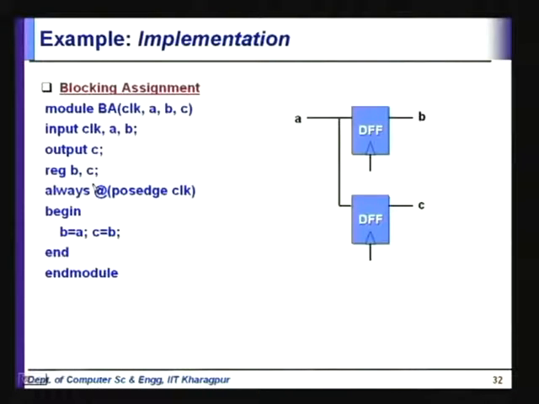Now there is a mistake here. This B should be an output. Okay, this B here should be an output. Okay, always at posedge clock begin B is equal to A, C equal to B.